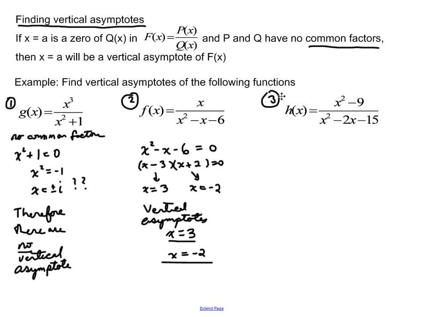Now it looks like we got a little bit more complicated stuff going on. So what we really need to do before we look for any vertical asymptotes is see if there are any common factors in the numerator and denominator. And I'll note that h of x is factorable in the numerator as well as the denominator. In my numerator, of course, x squared minus 9, I know that to be x minus 3 times x plus 3.